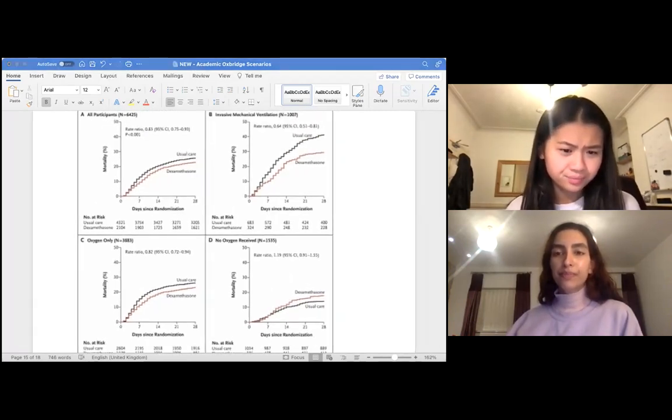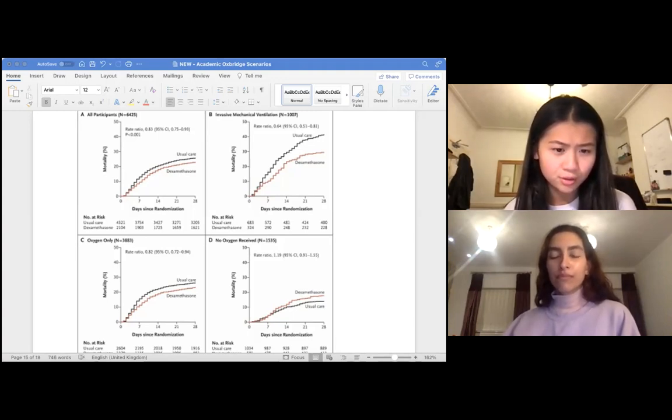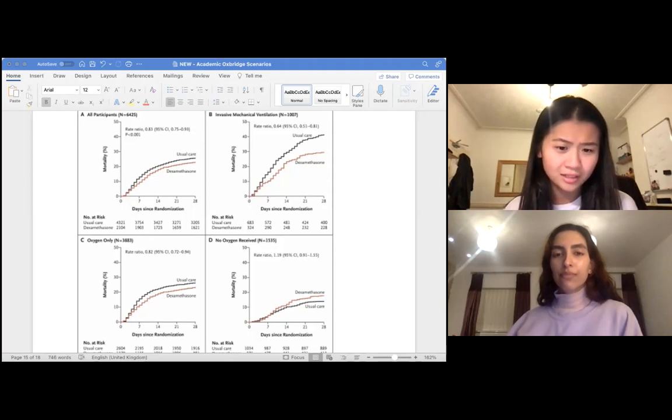So overall, I can see that there is lower mortality with the treatment compared to standard care. Only in the no oxygen group is there a higher rate of mortality, which obviously raises the concern of potential harm to those people in that group, as they lost their lives, unfortunately.